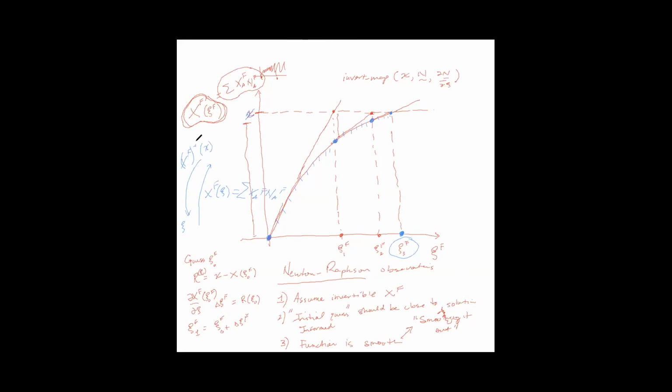Okay, so let's just make one last comment about this initial guess. This is actually a pretty important point. We need a good initial guess. So in the context of our problem, we have this domain, call this our omega_c, and then I give you some x value.